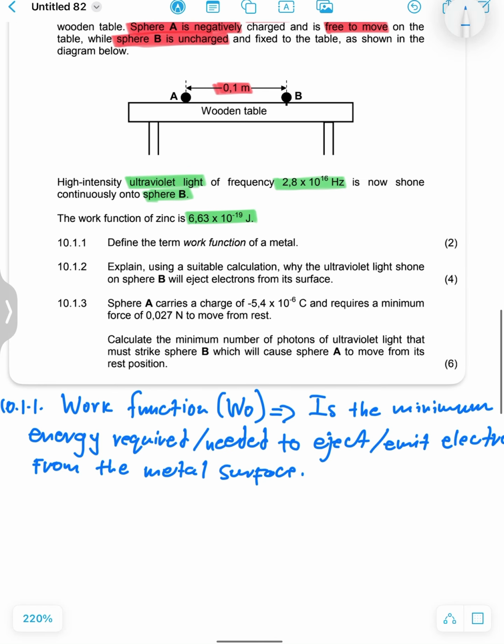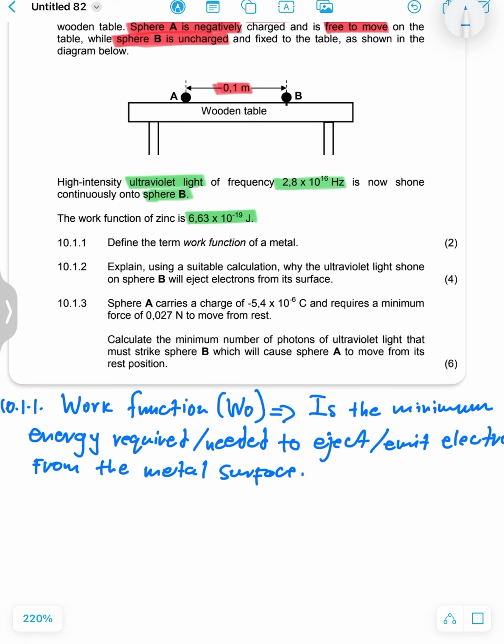Each metal surface carries a different work function. In this case, the metal surface that we are using is made up of zinc, so it will have its own work function. So that is 10.1.1.